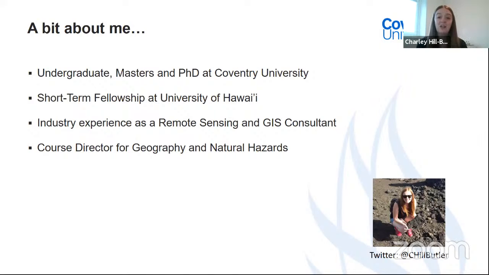One hat is geospatial technologies, remote sensing and GIS, and the other is natural hazards, and how we can use GIS and remote sensing to inform natural hazards. I've done a short-term fellowship at the University of Hawaii, looking specifically at volcanic activity using data sets managed by the University of Hawaii.